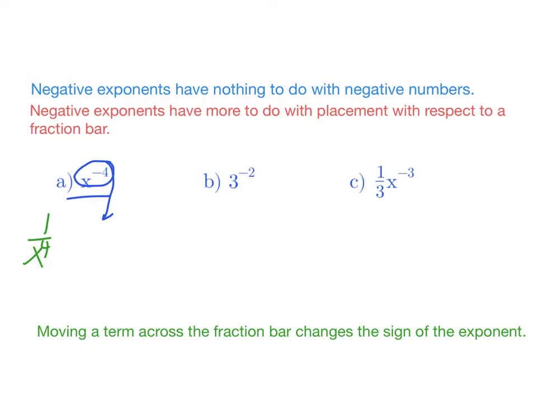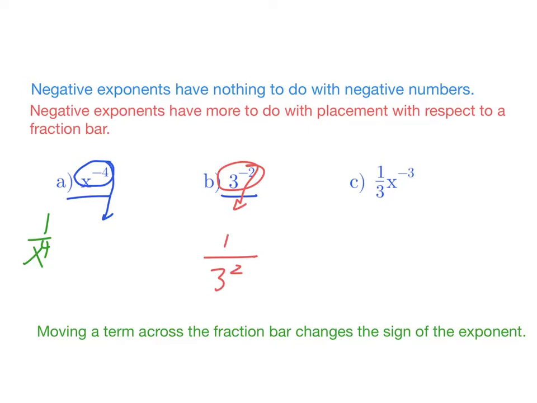Now, when I have an actual number as a base, that's a different story, because I do want to take it a step further. So there's a fraction bar here. All I have to do is take 3 to the negative 2, and in order to make that negative positive, slide it down. So then on the bottom I have 3 to the second. Well, what has to be on the top? There's nothing there now, so there has to be a 1.